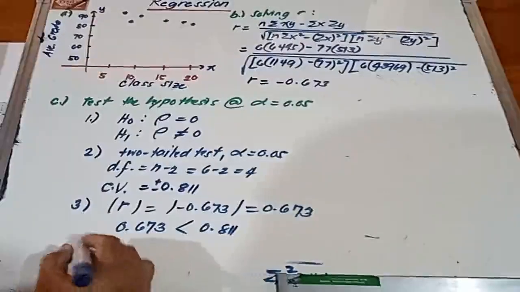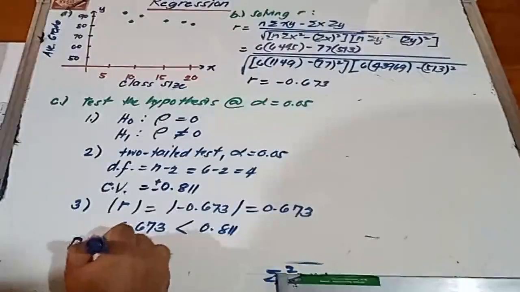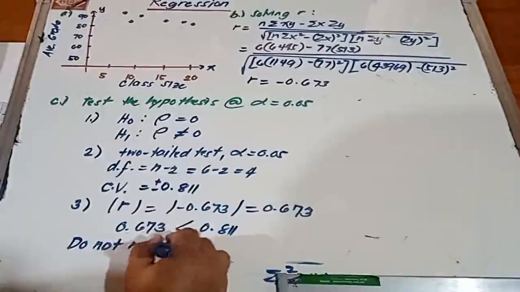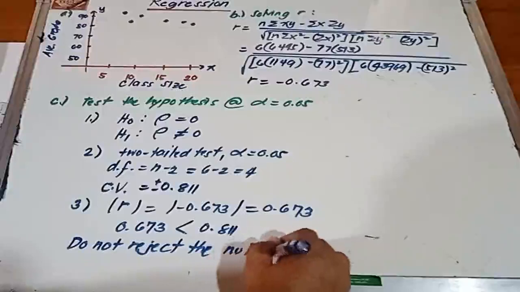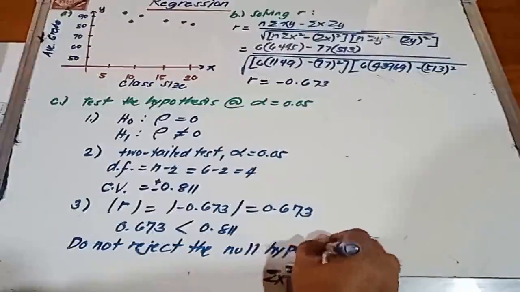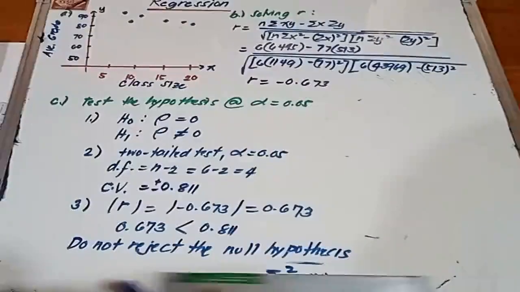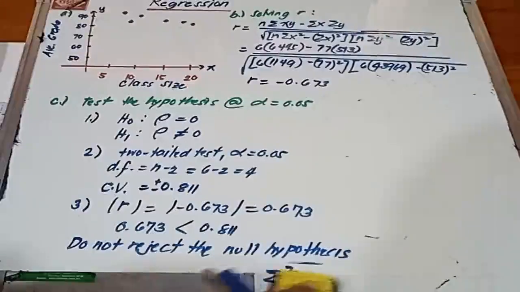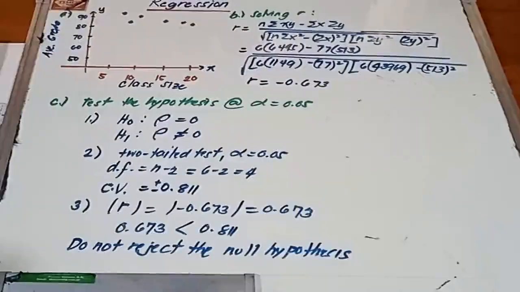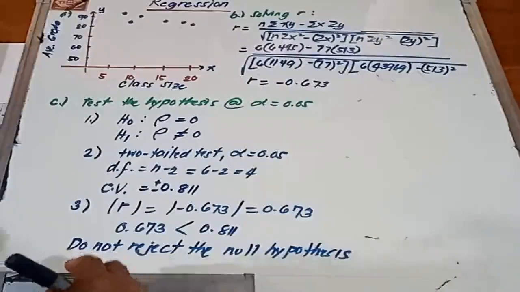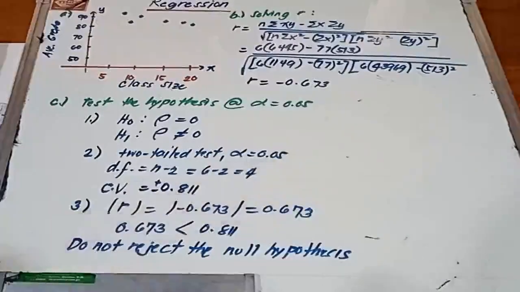So our decision is do not reject the null hypothesis. I-reject lang natin siya base sa table I natin. Mare-reject lang siya kapag yung ating absolute value of R is greater than the critical value. Sa case nito, hindi greater but less than, so we do not reject the null hypothesis.